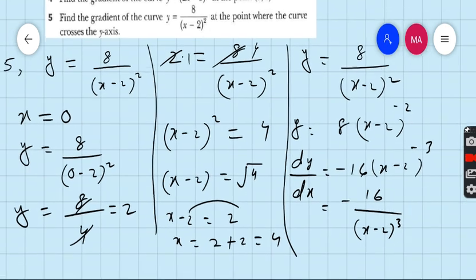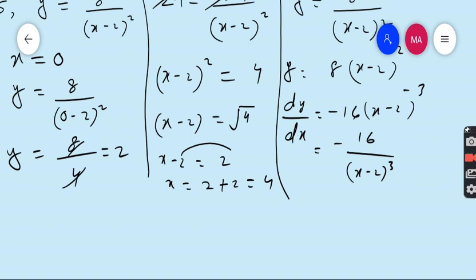Now substitute the value of x into the gradient.